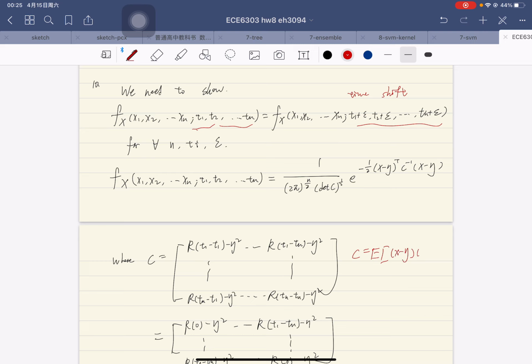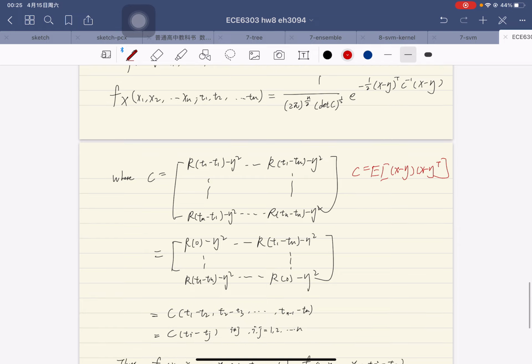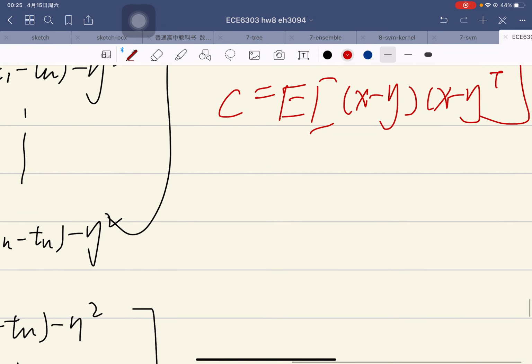So we can calculate it this way: the expected value of (Xt1 minus expected value of Xt1) through (Xtn minus expected value of Xtn), times (Xt1 minus expected value of Xt1), the same thing here, transposed.